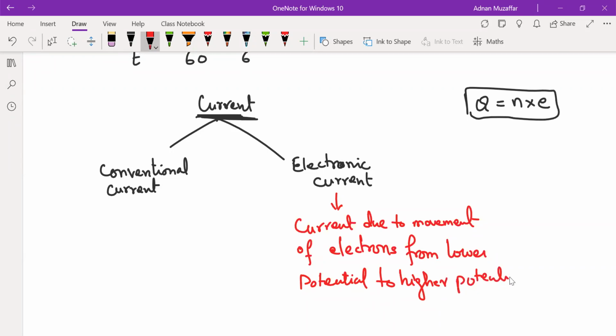And remember, lower potential means negative and higher potential means positive. So you need from negative to positive.